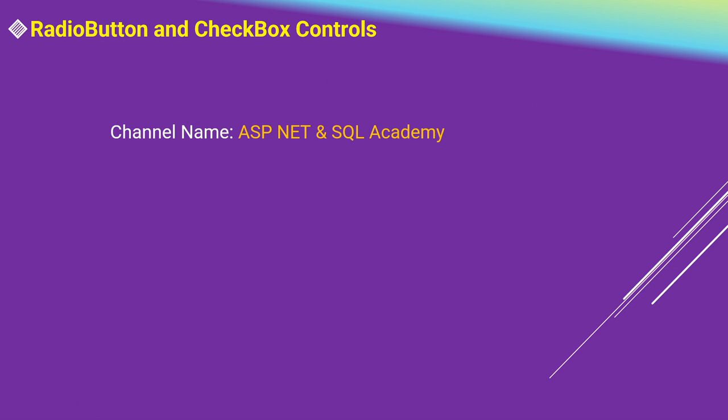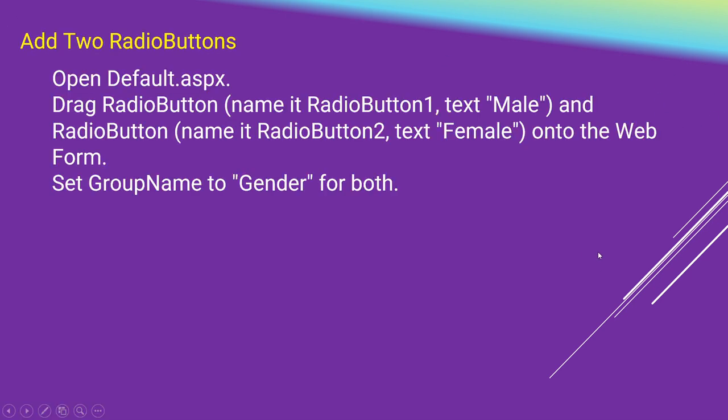Welcome to our tutorial on using RadioButton and CheckBox controls in ASP.NET WebForms. To begin, open your default ASPX file. Drag two radio buttons onto the form. Name the first one Radio Button 1 and set its text to male.